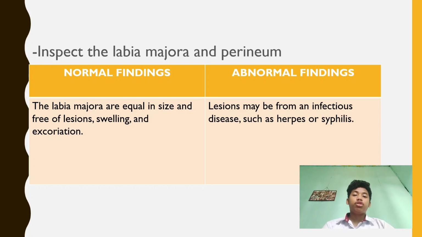The perineum should be smooth. For the abnormal findings, lesions may be from an infectious disease such as herpes or syphilis. Excoriation and swelling may be from scratching or self-treatment of the lesions. Evaluate all lesions and refer the client to a primary care provider for treatment.